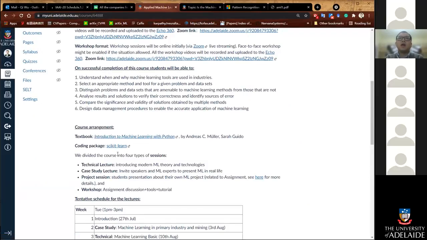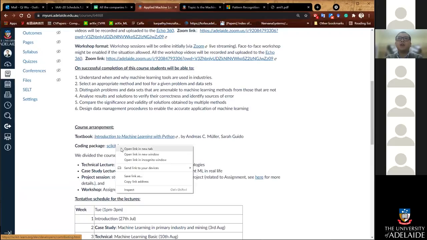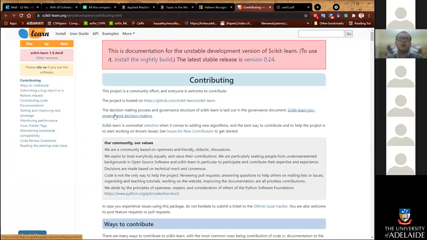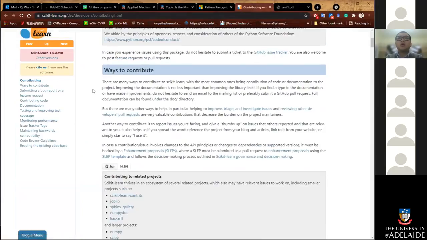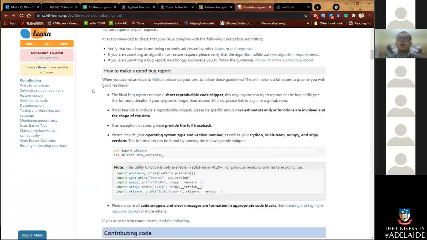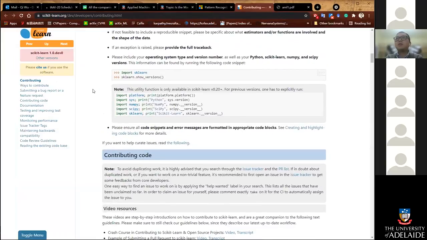And we also have some coding packages. This is scikit-learn. I believe many of you, if you know the Kaggle challenge or something, must know this one. This is a very good Python-based machine learning package. Basically, it has implemented a lot of machine learning algorithms like SVM, like linear classification, well, even deep learning models.